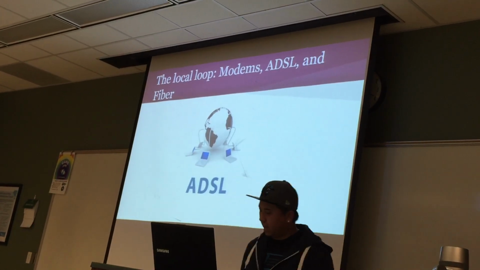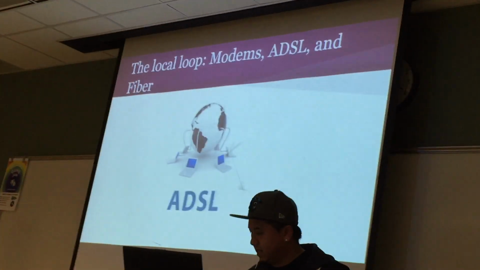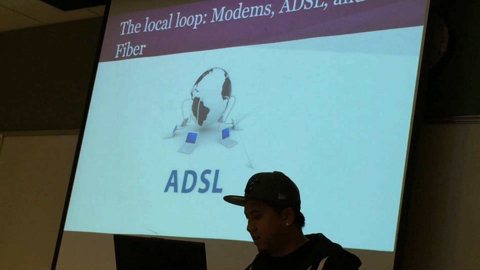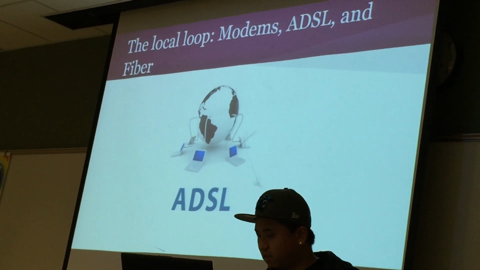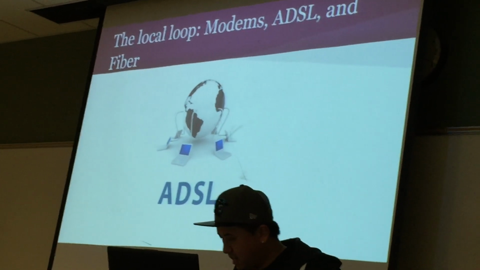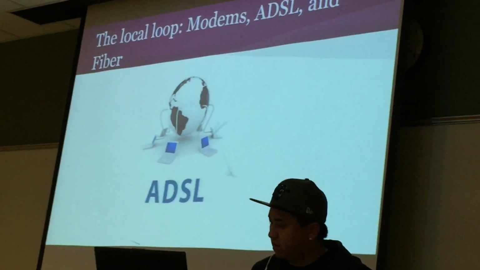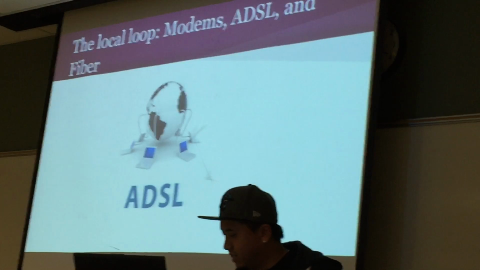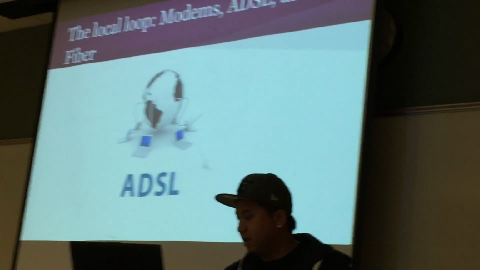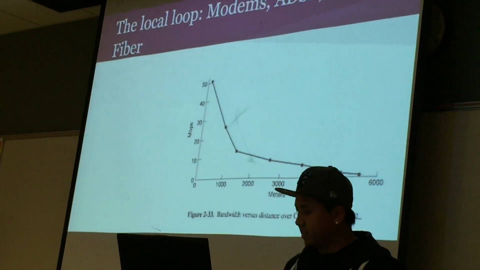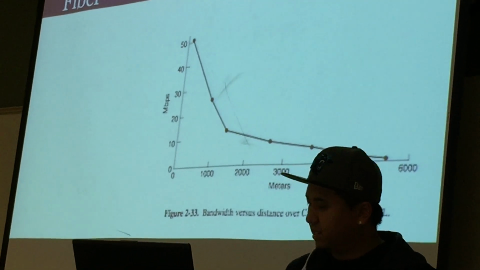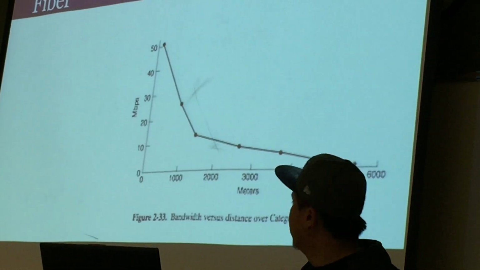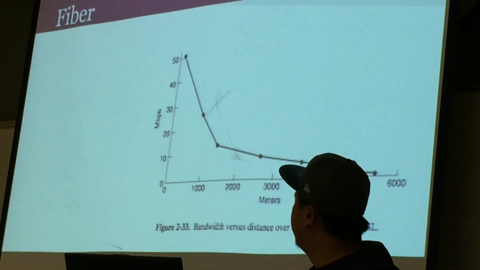And then of course ADSL was created to help transmit the data faster. ADSL stands for asymmetric digital subscriber line. It also uses the telephone lines to transmit digital data. It's a distance sensitive technology, meaning as the connection length increases, the signal quality goes down, as illustrated here by the diagram.